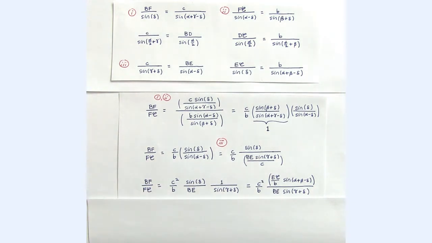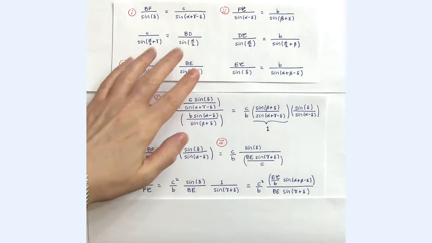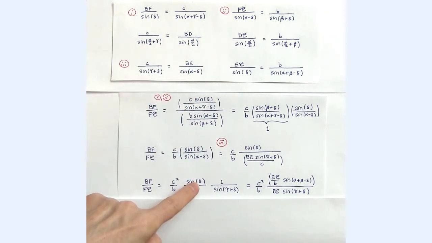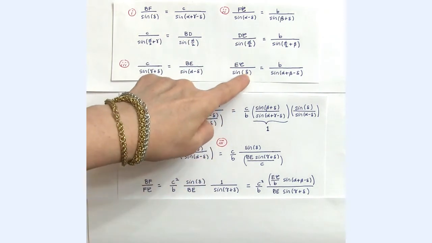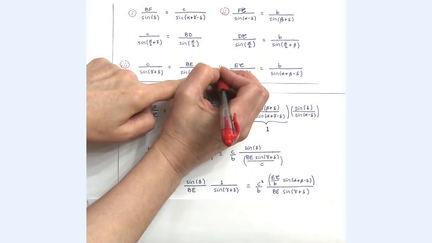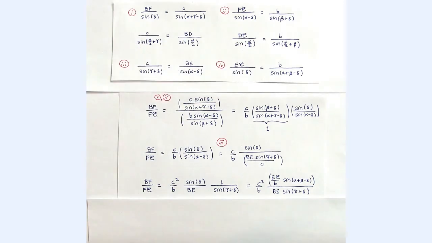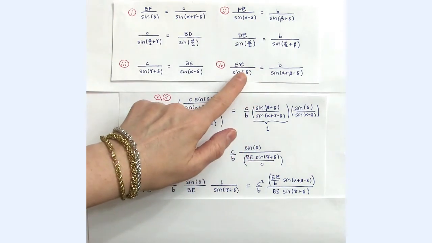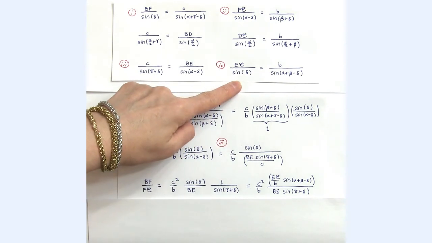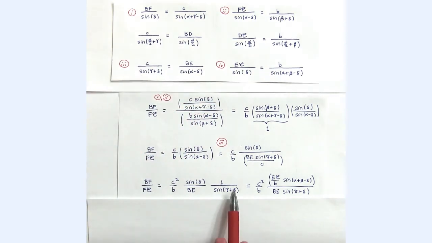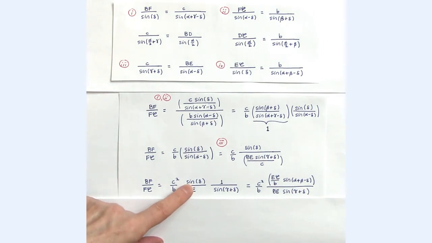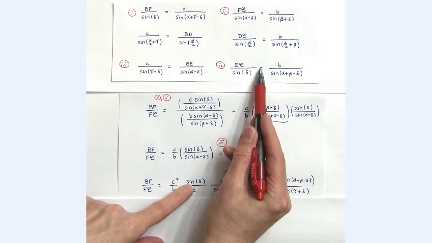And finally, I'm going to go back to my 6 equations, and I'm going to find a way to replace the sine of delta by using this equation here. I'll call it equation number 4, and in this equation I will solve for the sine of delta. So this expression becomes c squared over b, and I have BE sine of gamma plus delta in the denominator, and the sine of delta comes from here.